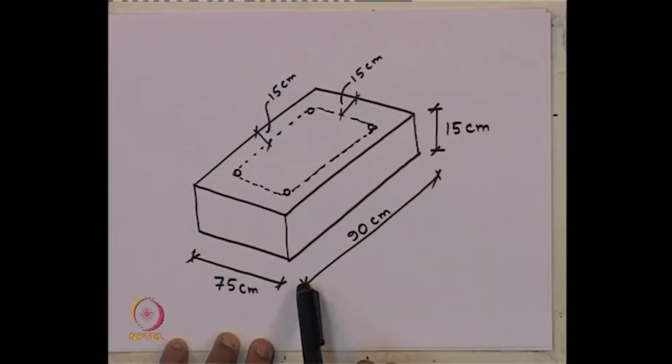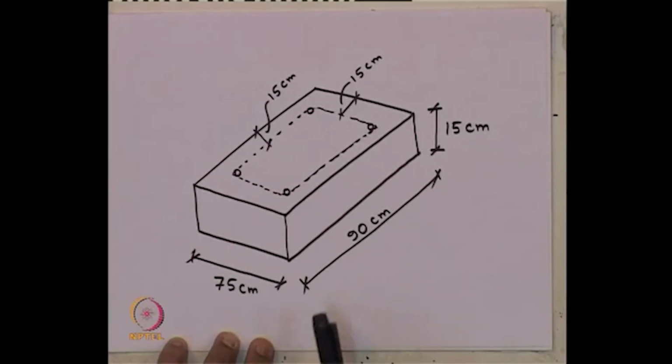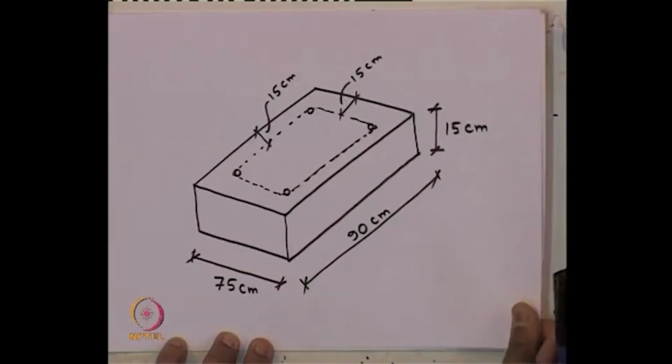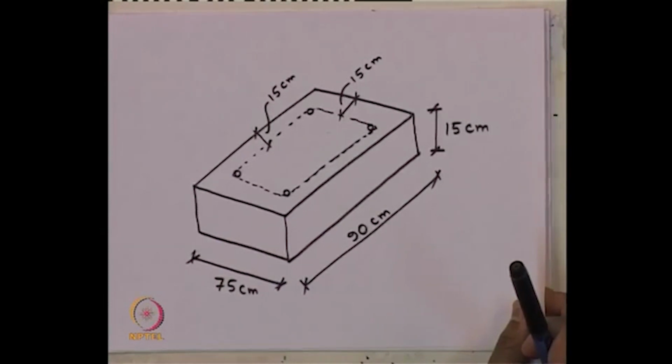Unless that is far away from the operating frequency, we cannot say that this provided dimension is safe. So, it is not the end of the design, but some more checks have to be done. It is a repetitive process unless both the things are satisfied.